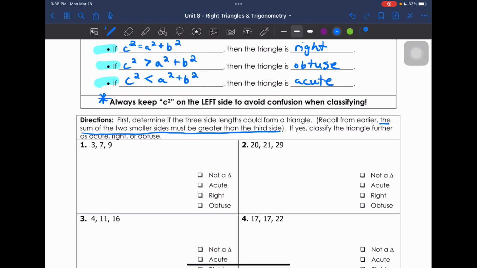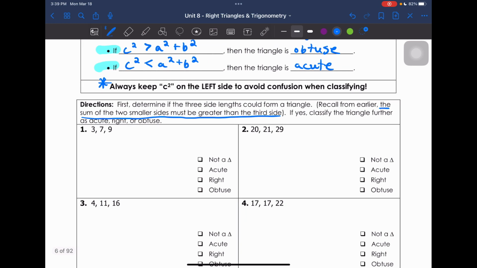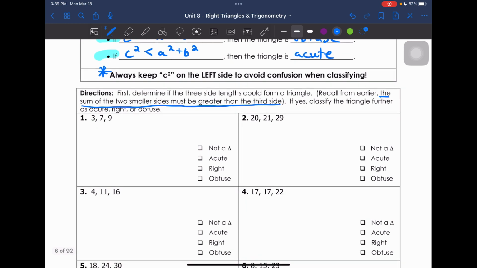And if that doesn't come out to be true, then you can't actually form a triangle with those side measurements. So I'll do some examples to further explain that. But say, yes, we can form a triangle, then we need to classify it further as acute, obtuse, or right, based on what we just talked about, the Pythagorean theorem converse.